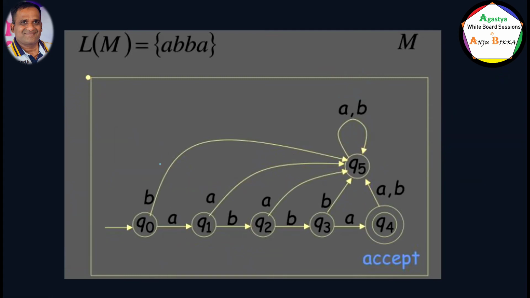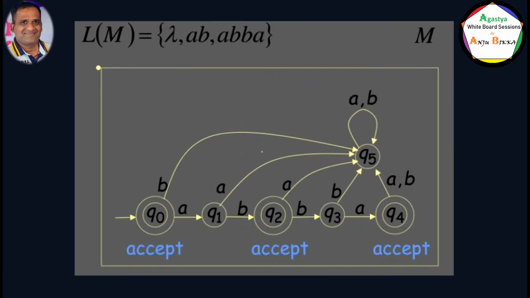Now consider this finite state machine M, where L of M is only one string. So this finite state machine only accepts one string, and this is the L of M. L of M is called a regular language. Now this is the finite state machine M. We can consider this as epsilon. You can see this notation or this notation.